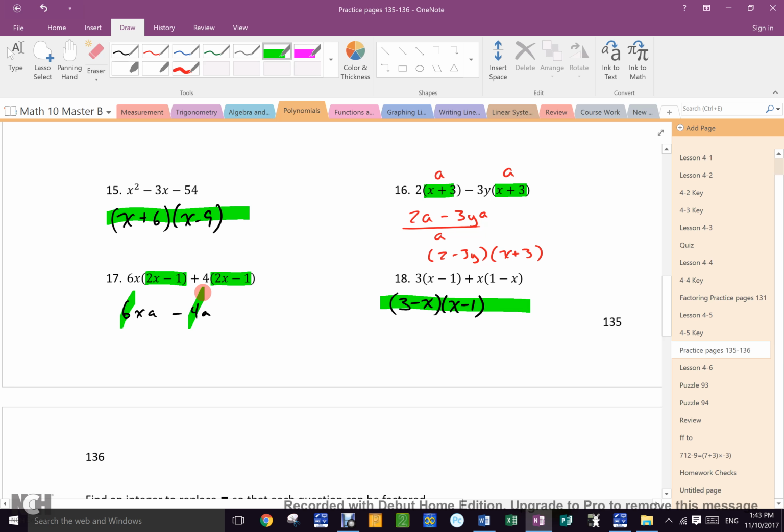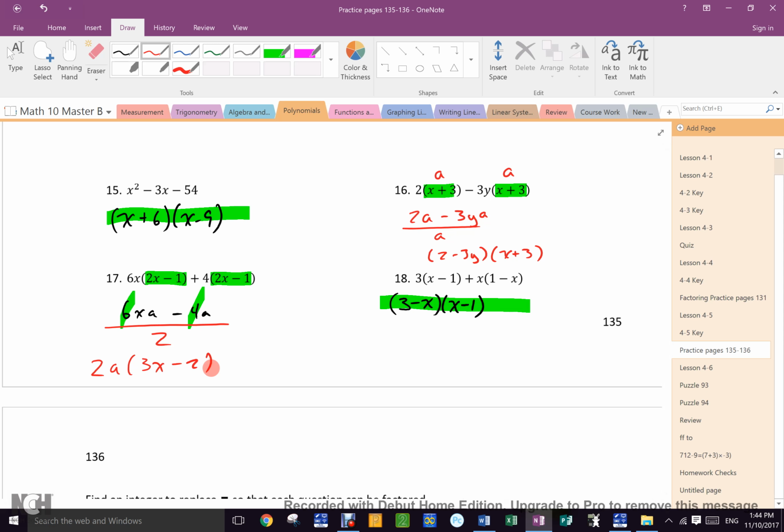They can be divided by 2. So I can divide by 2. So what goes out front? 2. And what letter is that? A. And what's still there? 3x minus 2. Right? Everybody cool?